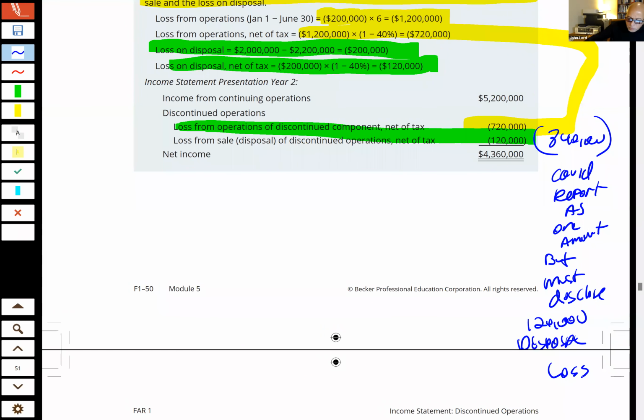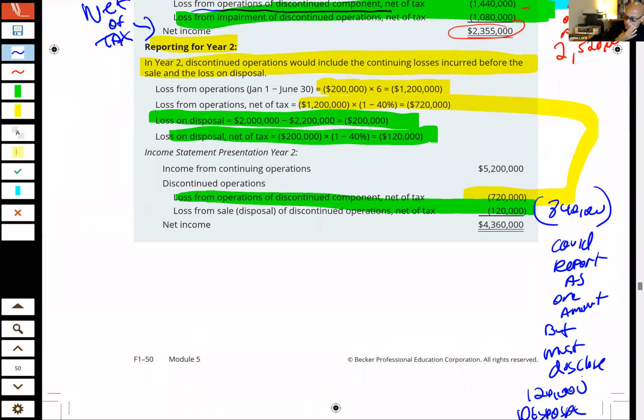So again, you don't have to report those as two separate items the way they showed it there, but you could show it as one amount, and then you'd have to disclose what that 120,000 was.